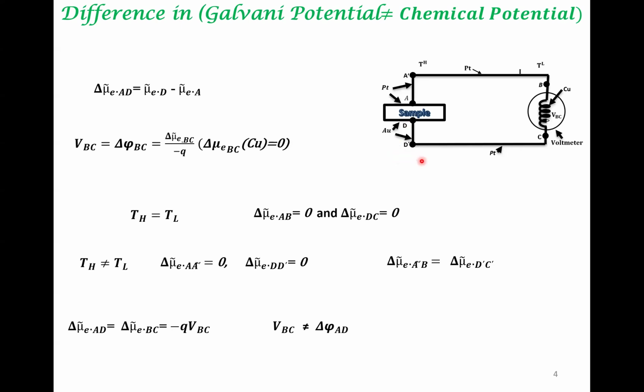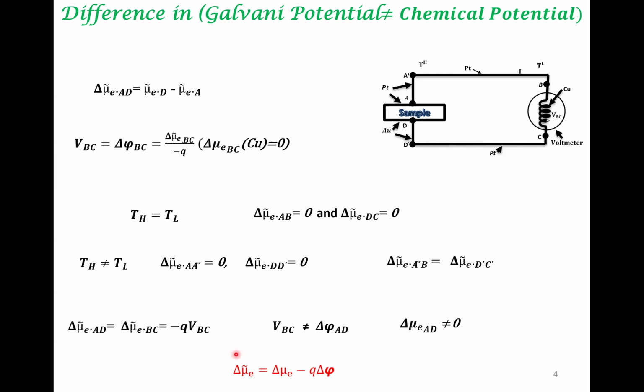Because the composition of the electrode A and the lead that is coming out of electrode A is different from the composition of electrode D and the lead that is coming out of electrode D. So in this case, this term is no longer zero. So go back to what that term means.